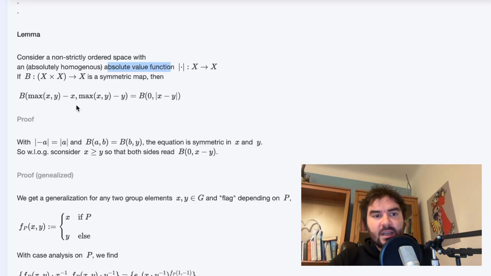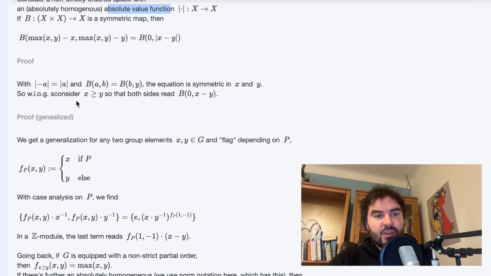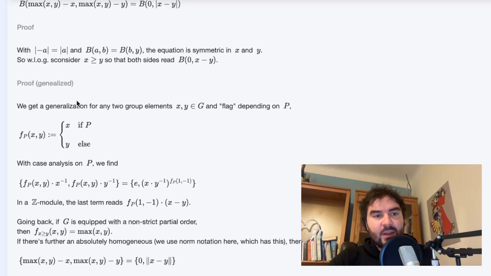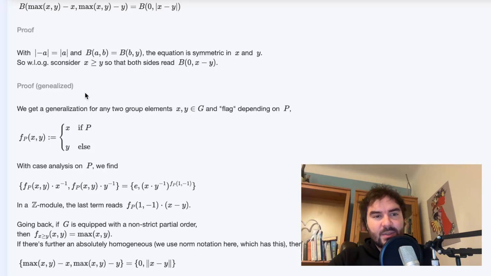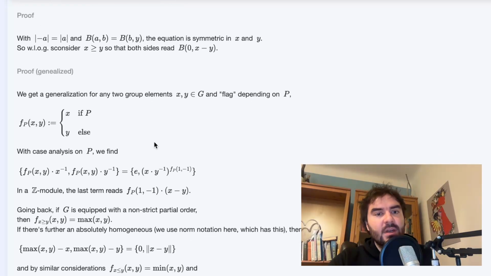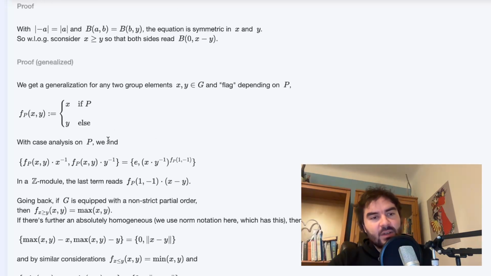And this fact that we can always swap around the arguments plays a major role in the derivation of relating the LogSumExp to the maximum function below. Here, just for the sake of it, we can abstract away even more from this theorem. So if we have any, I call this here a flag function.